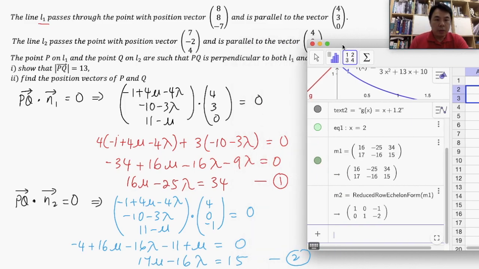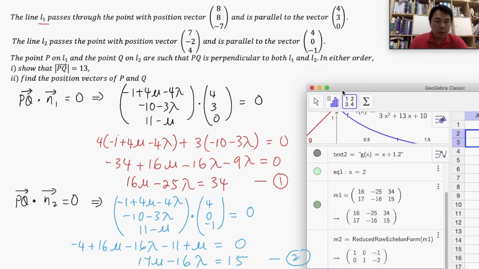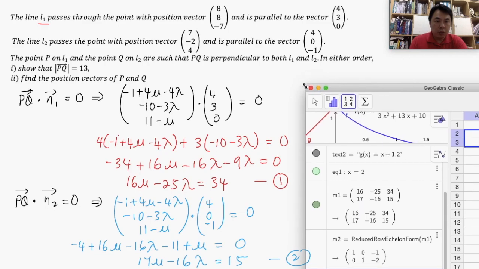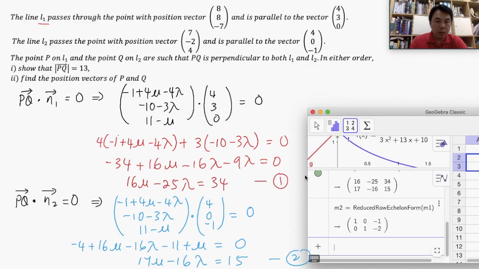Okay, so after solving these simultaneous equations, I found my solution. Of course, you can use the matrix method, or elimination, or substitution, or whatever method fancies you to get the solutions to these simultaneous equations.